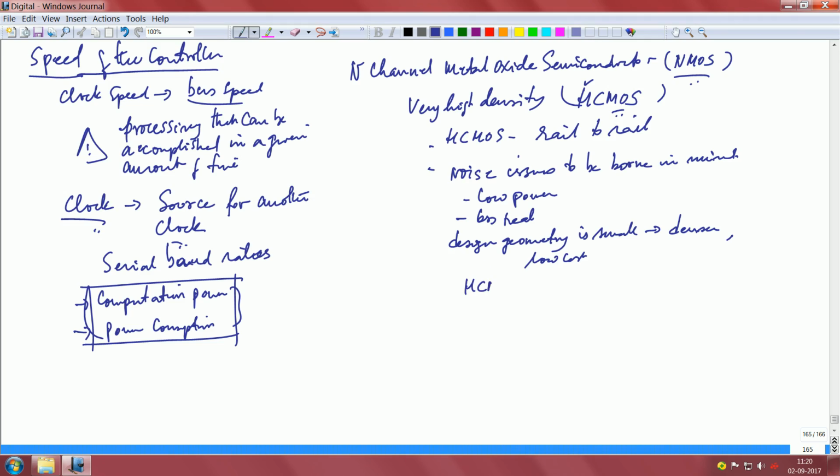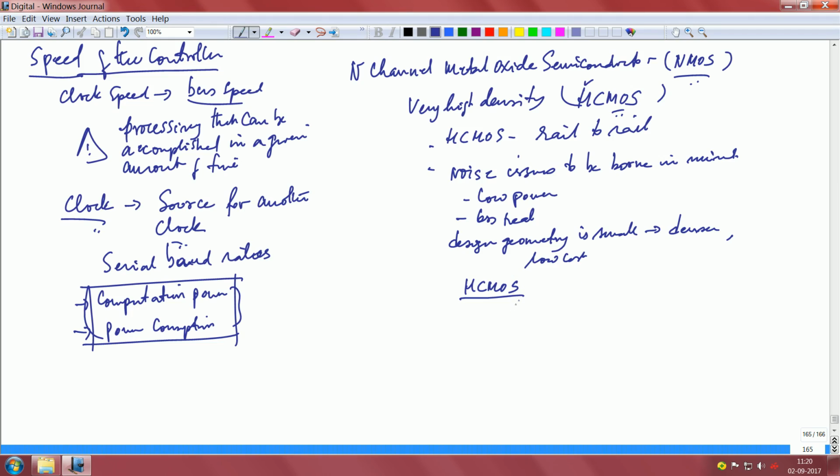HCMOS, just to summarize, HCMOS not only uses less power and therefore generates less heat, it allows higher bus speeds, okay.